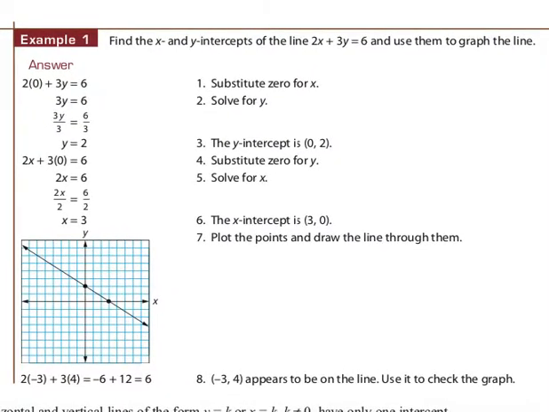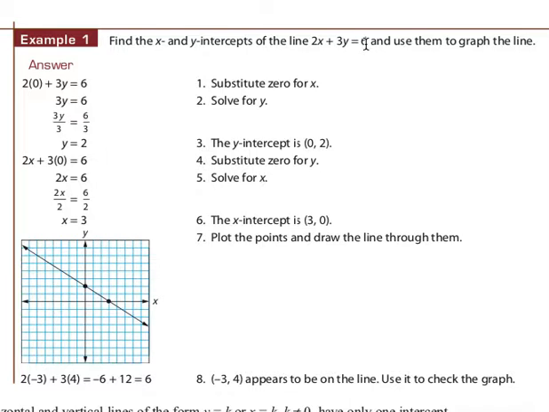Find the x and y intercepts of the line 2x plus 3y is equal to 6 and use them to graph the line. This is in standard form that I talked about earlier. X's and y's are on one side and you have your constant at the other.